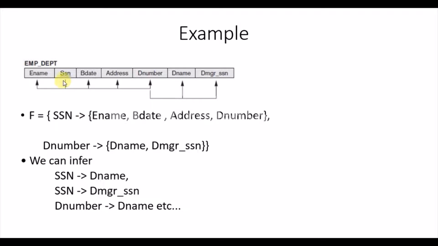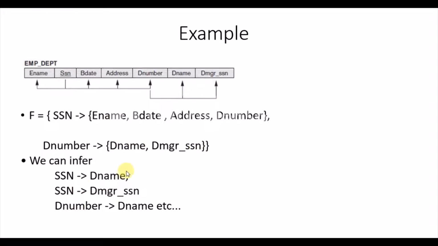And the next functional dependency is from D number to D name, D manager SSN. So from this we can infer SSN implies D name, or SSN implies D manager SSN. Or we can even say D number implies D name, or D number implies D manager SSN.